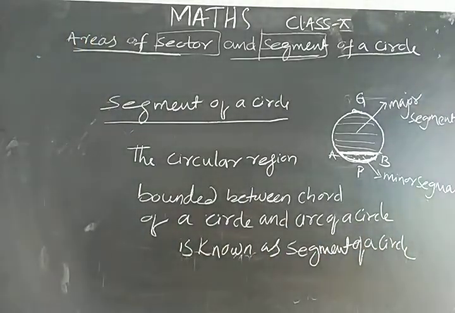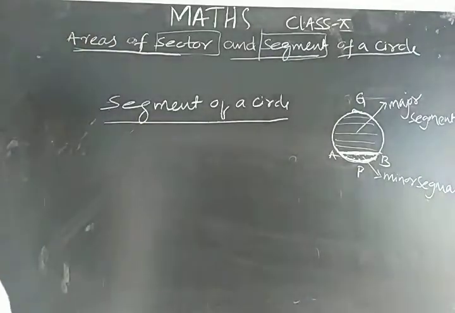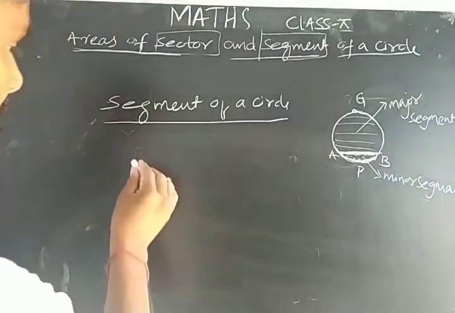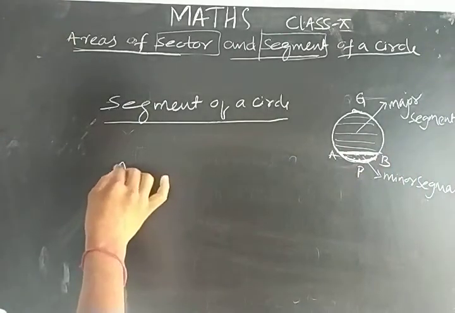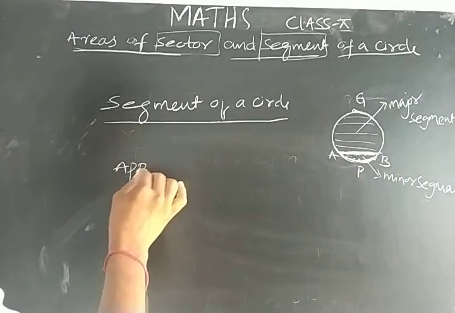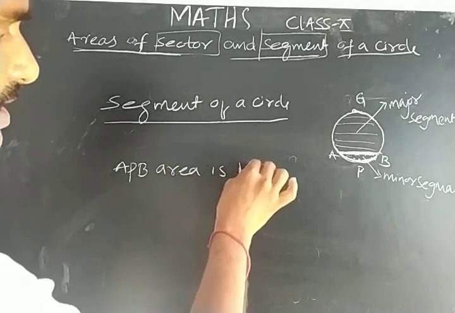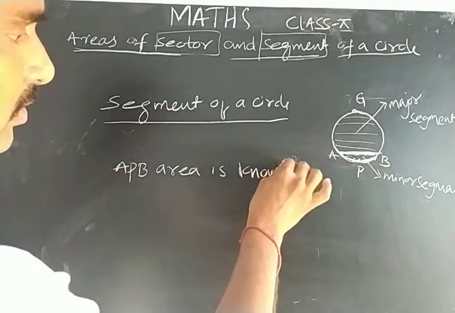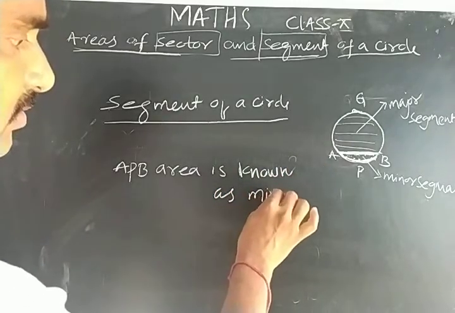Now in this diagram, area APB is known as minor segment.